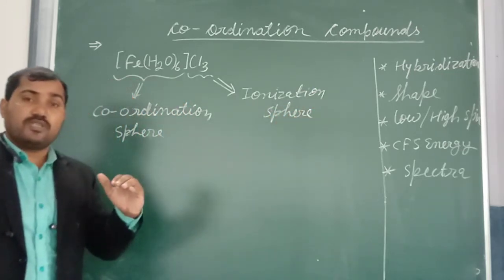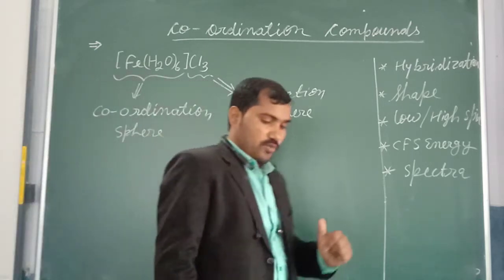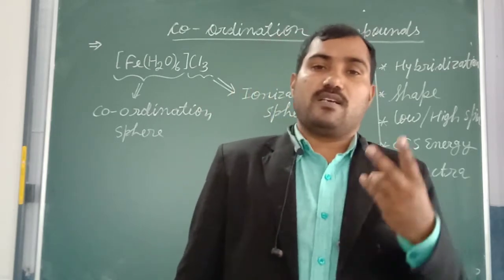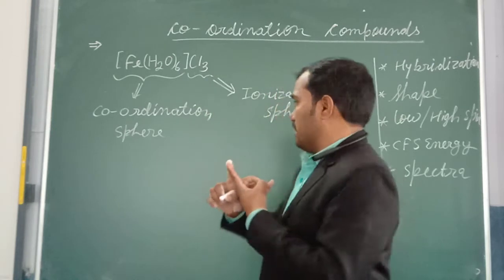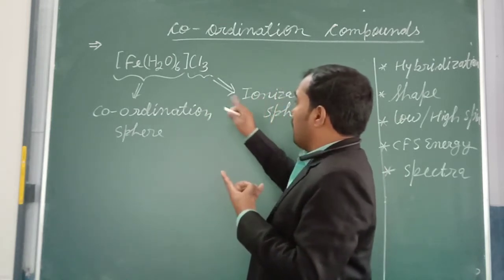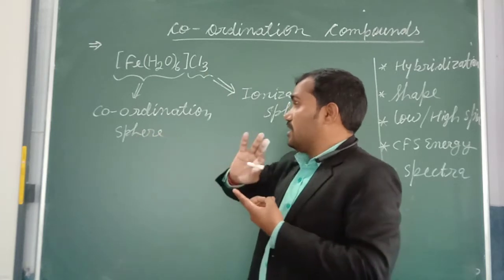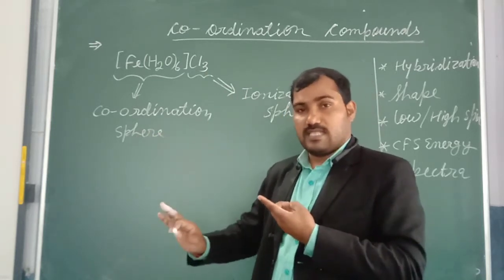This is according to the Werner theory of the coordination complex. Werner's theory told that in a coordination complex we have two parts: the coordination sphere and the ionization sphere. The ionization sphere will ionize in the solution, but the coordination sphere remains as it is.